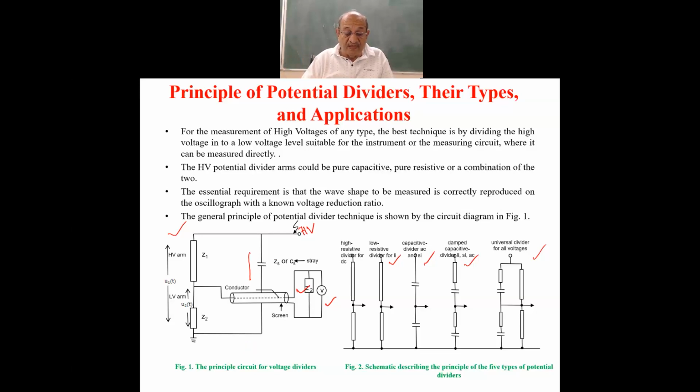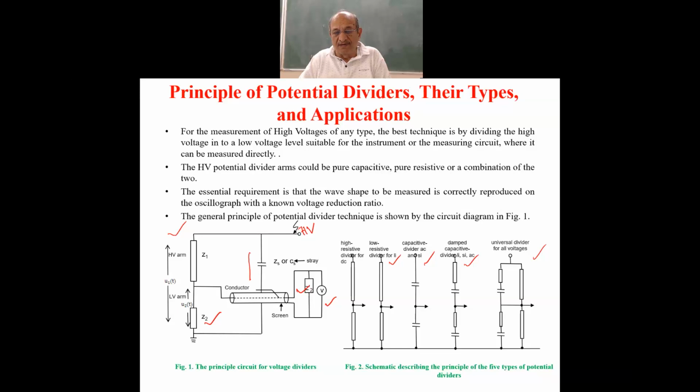So all the stray impedance and the measuring circuit impedance together determine the value of Z2. So that we will analyze in the next lecture. Today let's call it a day, and we'll begin with the voltage dividers, the different types of voltage dividers.